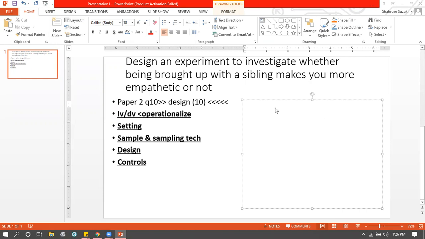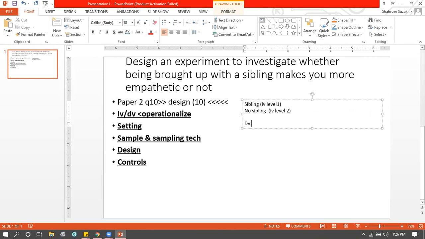Having a sibling or not is the IV. So sibling is IV level one, no sibling is IV level two, and this combined makes up your IV.